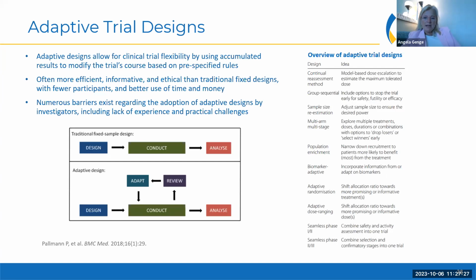And the adaptive designs have entered into the field quite quickly over the last few years, with the platform trial, with adaptive designs being used in individual development programs to shorten the time to application for registration.